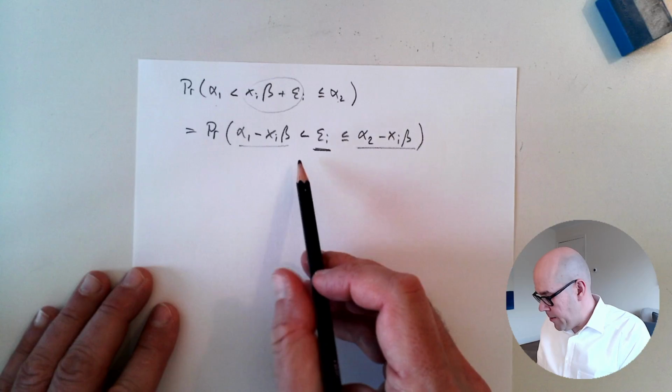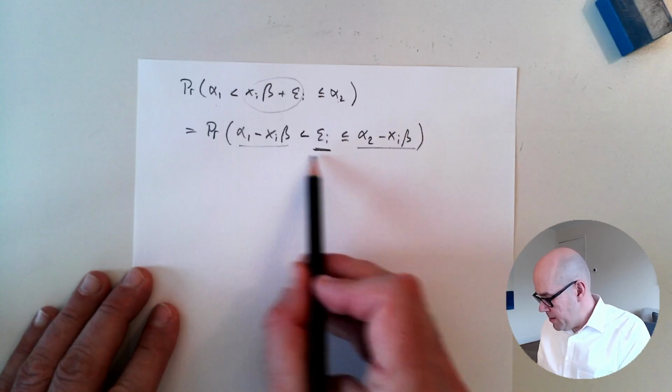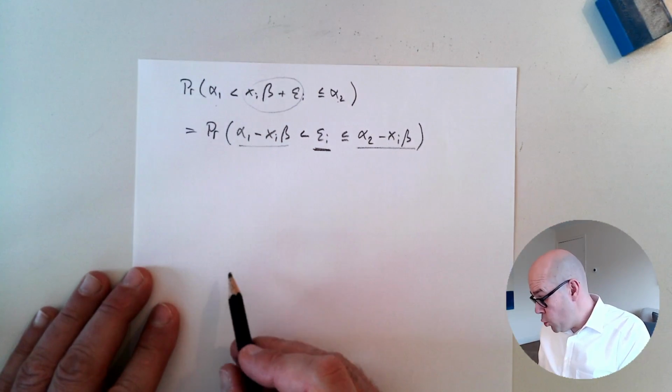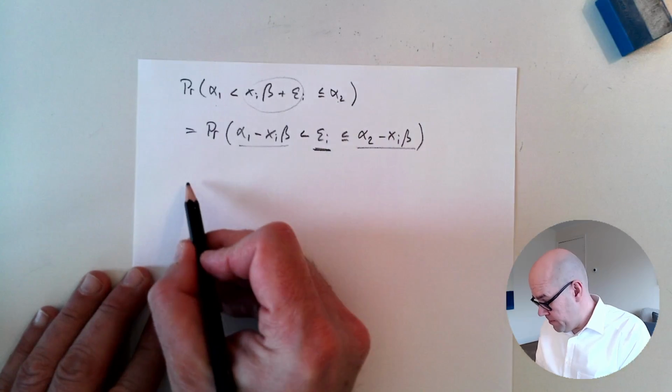Now I can write this probability as the difference between two probabilities.